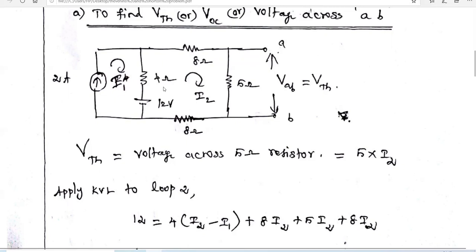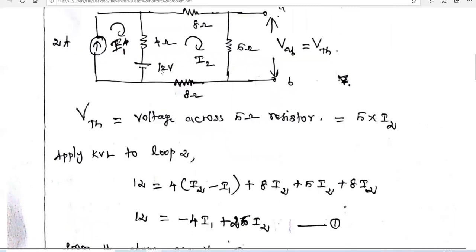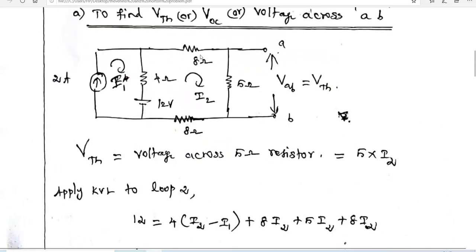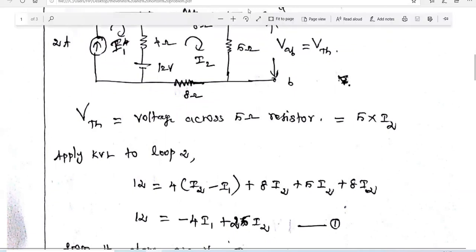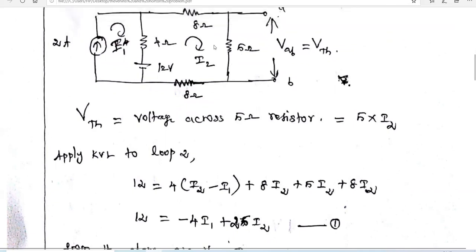Then coming here, the 8 ohm resistor carries I2, so 8 into I2. Then plus 5 into I2 for the 5 ohm resistor. Then again an 8 ohm resistor with current I2, so 8 I2. The sum of voltage rises equals the sum of voltage drops.